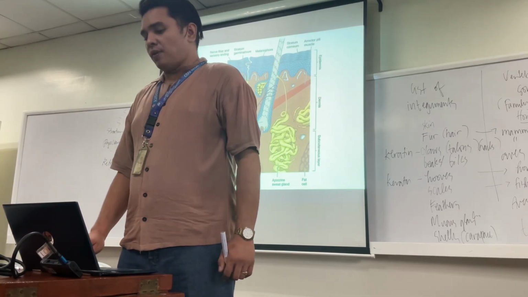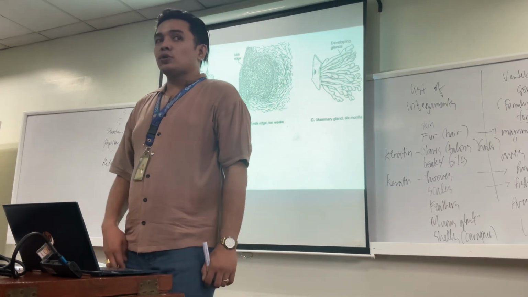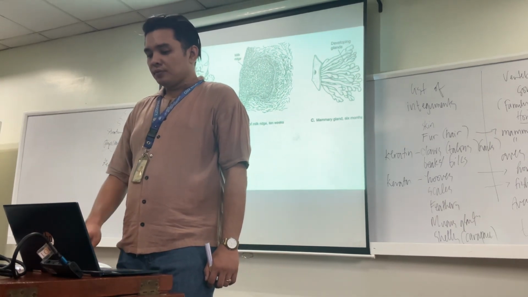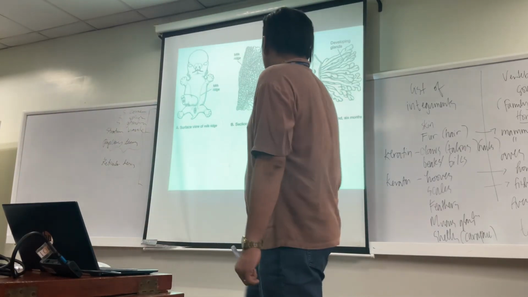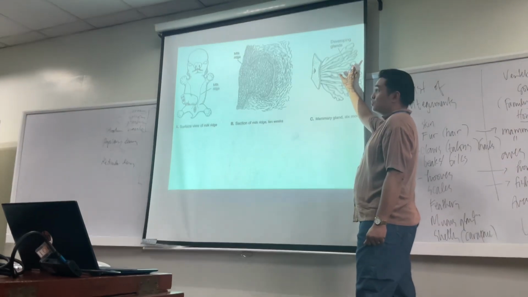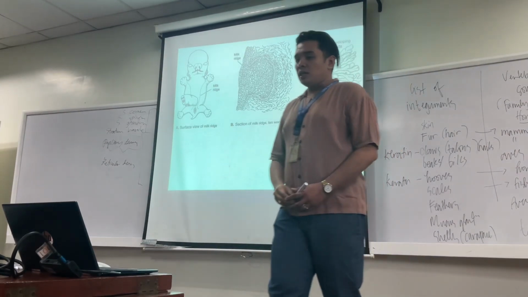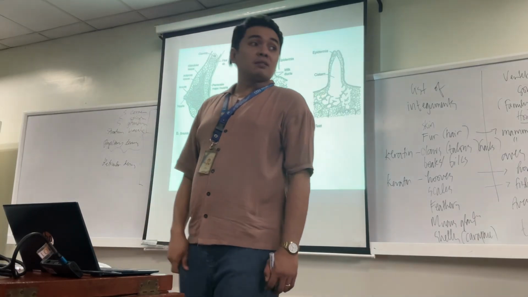Yes. Yes, very good. Because the areola here, or the nipple, is actually a modified epidermal structure, no? But somehow attached to a developing gland, which later on becomes the mammary gland, which produces milk. These are needed for suckling, especially in mammals.